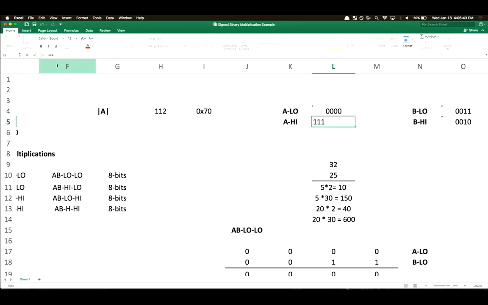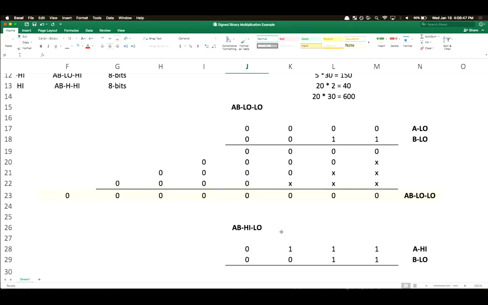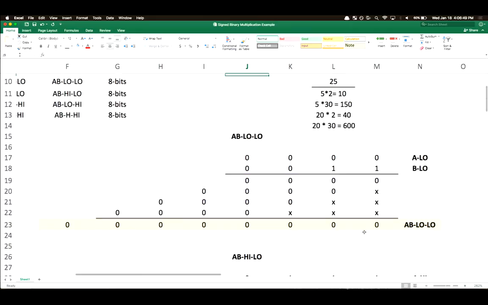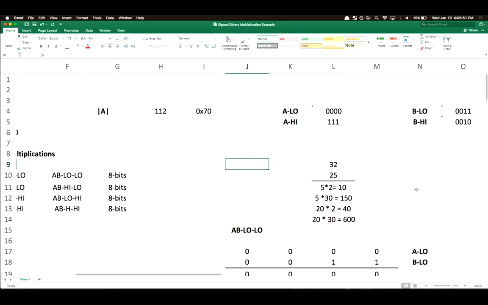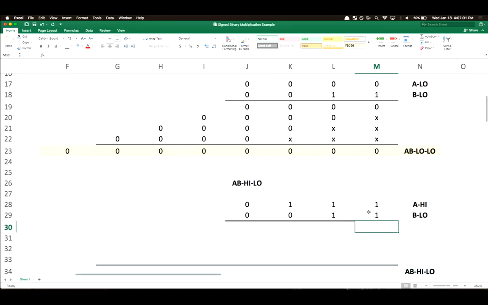And now we want to do A high times B low. From here, we know that the high bits were hex value 7. That gives us 0, 1, 1, 1. When we multiply this out, we're going to do the same thing. Since the least significant bit of B low is 1, I'm just going to write A high over here, so 1, 1, 1, 0.